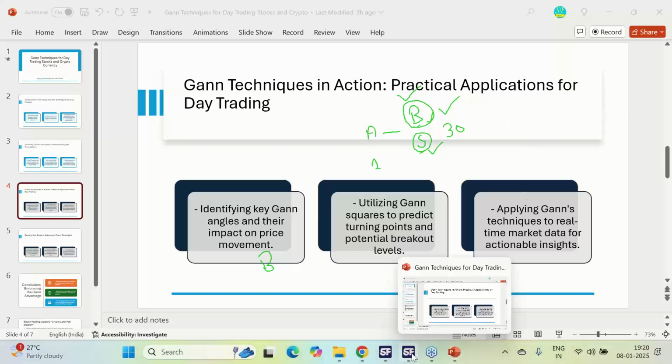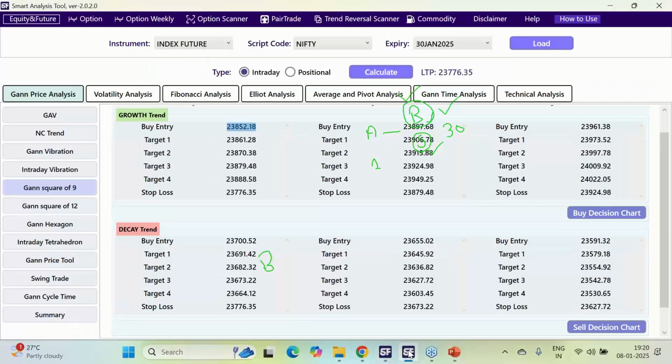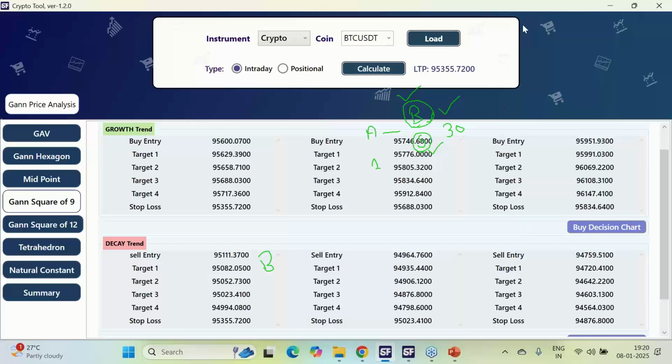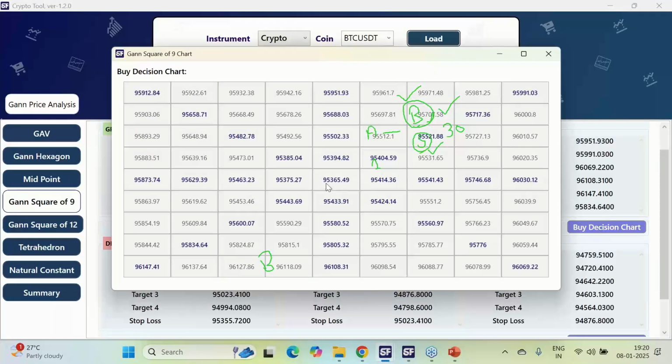Once you get those movements, you should have the skill to learn how this particular wheel is working. In Gann, we say this is a seed number or base number, and from this all these colored spirals emerge. This is vertical, this is horizontal, and this is the diagonal cardinals.